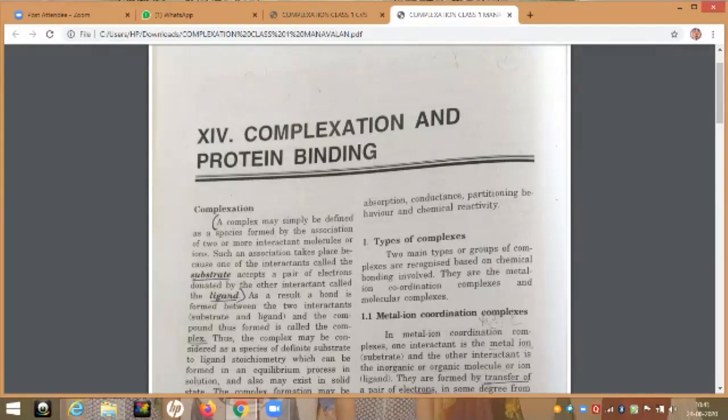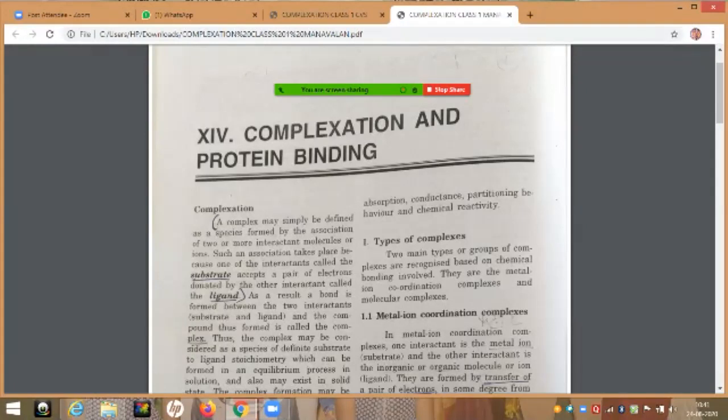Now, because of their interaction, a bond is formed between the two interactants, that is the substrate and ligand. And the compound thus formed, we call it the complex.